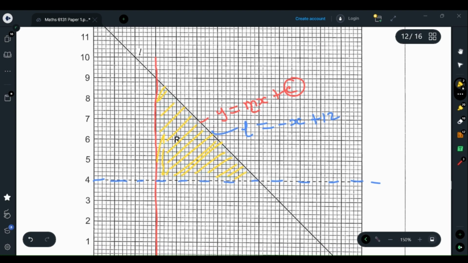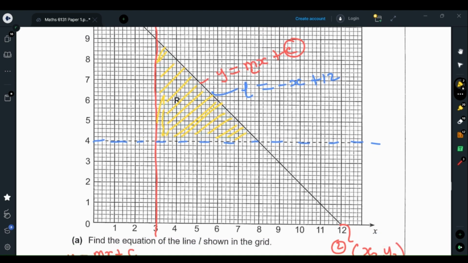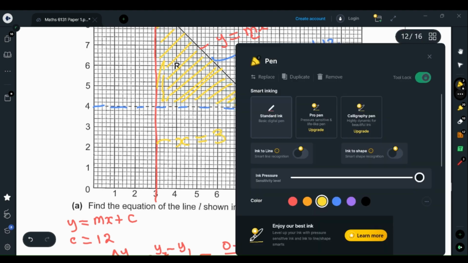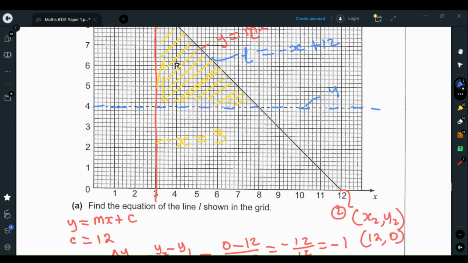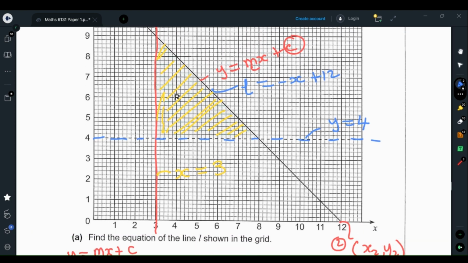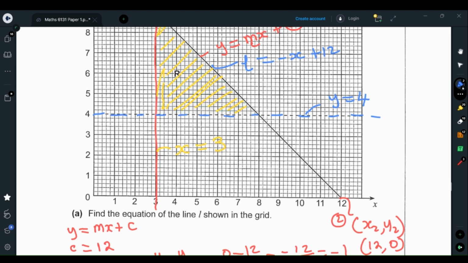If this is the shaded region, then let me list down the equations of the lines given. The equation for this line is x equals 3, and this one is y equals 4.